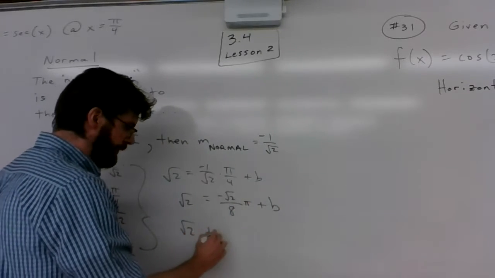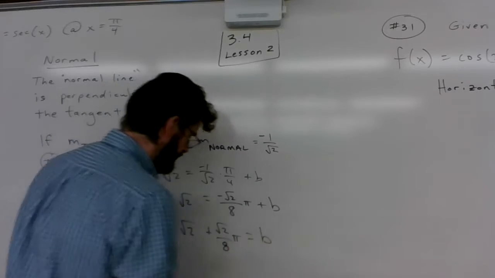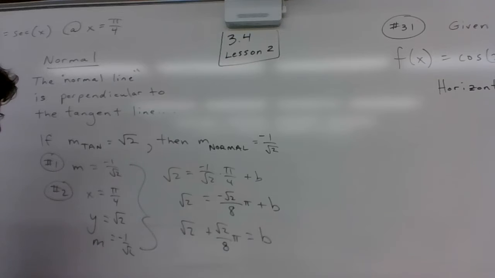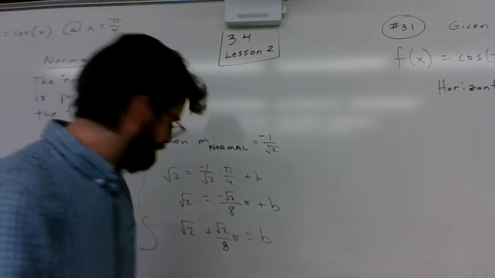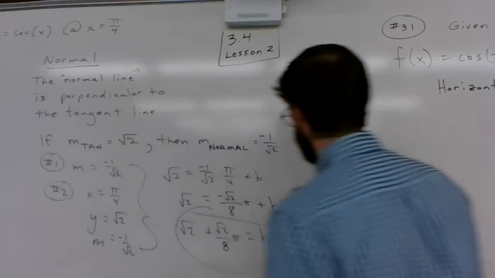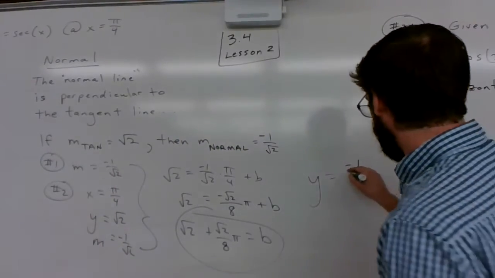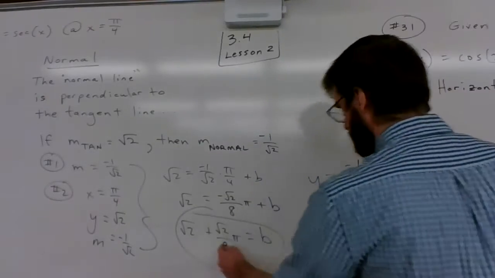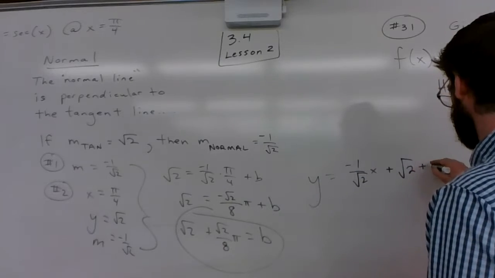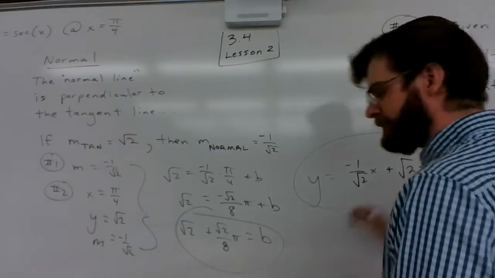If I added this to both sides, I get this. And you know what? I'm just going to leave it like that. Y equals negative 1 over root 2 x plus this. So there's my normal line.